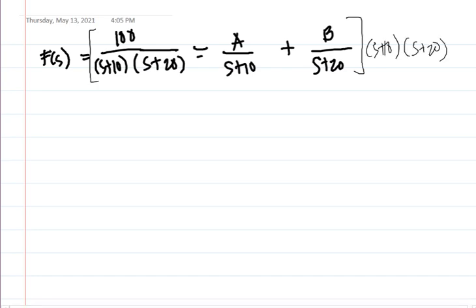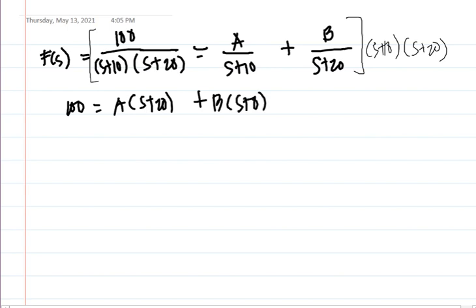What remains on the left will be 100 is equal to A multiplied by s plus 20 plus B times s plus 10. We need to distribute or expand our equation. This will be 100 is equal to As plus 20A plus Bs plus 10B.